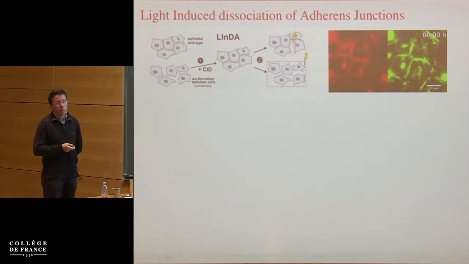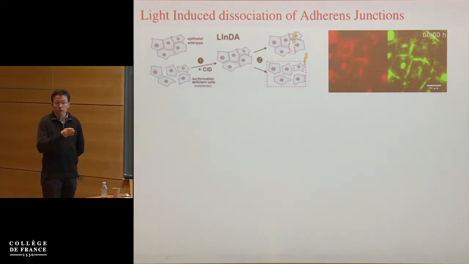So one simplified picture of these adherens junctions is that you have adhesive proteins, E-cadherins in the case of epithelial tissues, that are linked to beta-catenin, that are linked to alpha-catenin, that are linked to the actin cytoskeleton in the cortex of the cell.